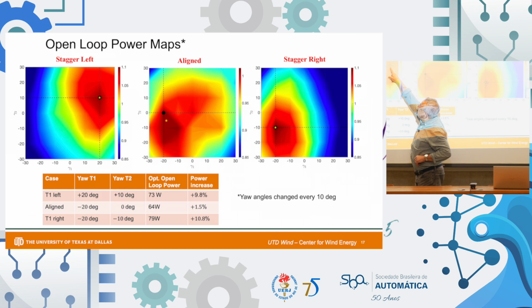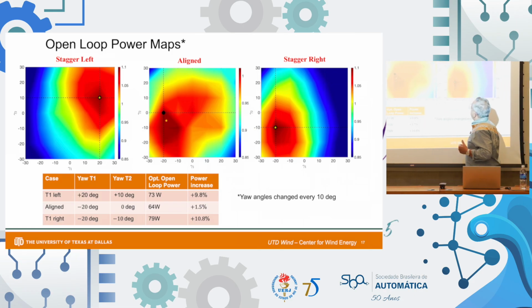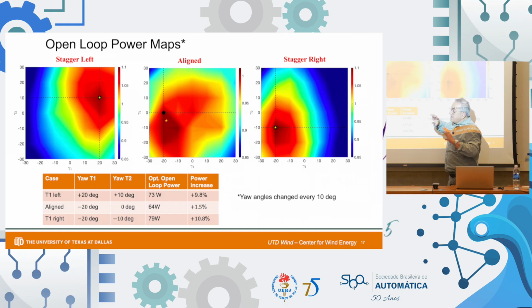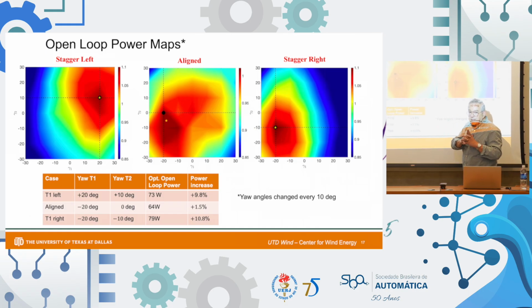And as you can see, the dark circle is the one that we find open loop by sweeping over all possible angles, and the extremum seeker landed in there. And then the same thing happened in the staggered right, but in the aligned case, that was not exactly the case.